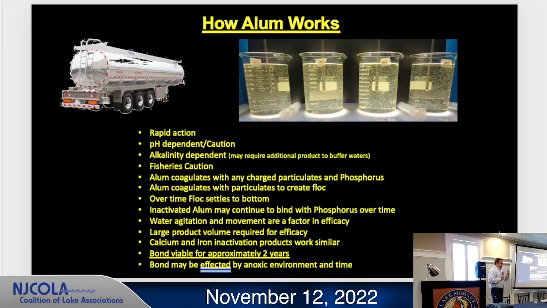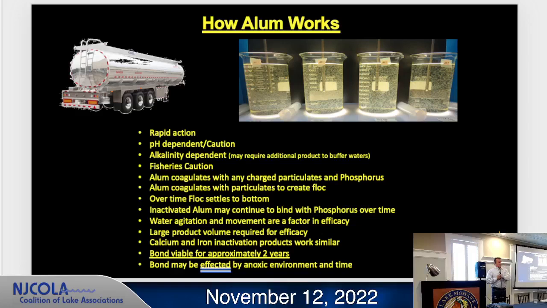So those who don't have enough alkalinity, those who live in South Jersey, typical lakes that have low pH, like a 6, generally have low alkalinity. That's just a general statement. Okay.